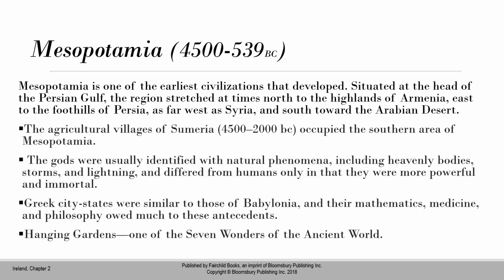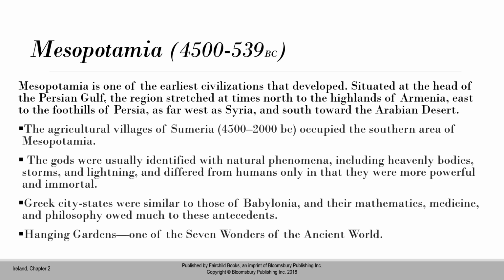The people that we connect to the Mesopotamian region are the Sumerians and Babylonians, as well as others, but these were the most influential or recognized from that time period. Gods were influential, and gods usually were identified with natural phenomena, including storms and lightning.